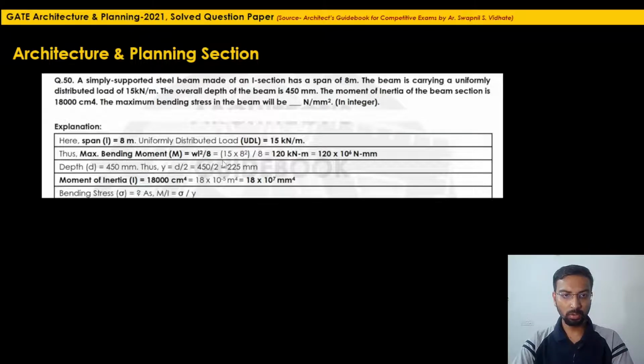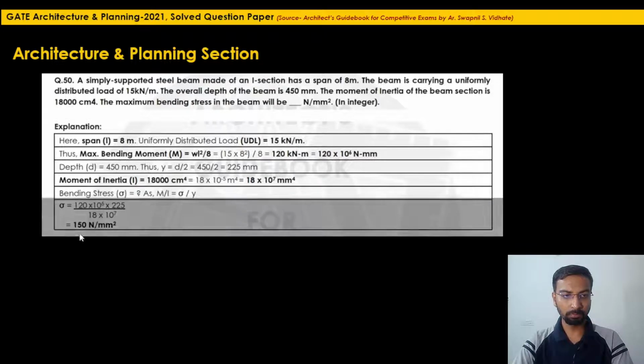So we will just put the relevant values in this equation. So the bending stress sigma equal to 120 into 10 raised to 6, this value of M, into 225, that is value of y, divided by moment of inertia I, so 18 into 10 raised to 7. So the final answer by using the calculator will be 150 Newton per mm square.